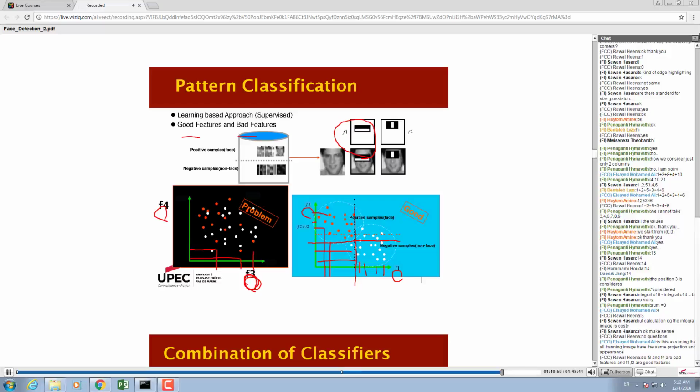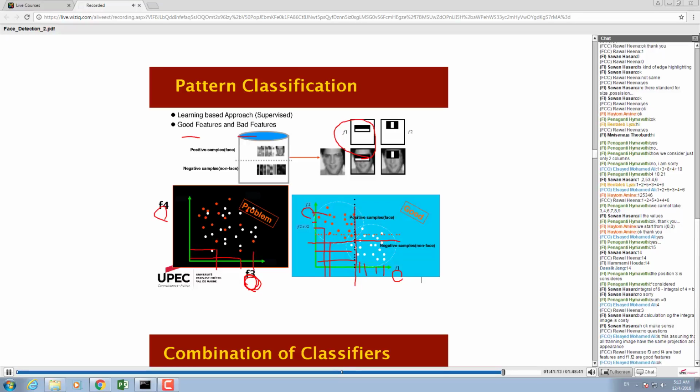But if the feature has a very good position and size to represent the face area, the values will be very similar, taking very near positions, so it is easy to distinguish the positive and negative samples.